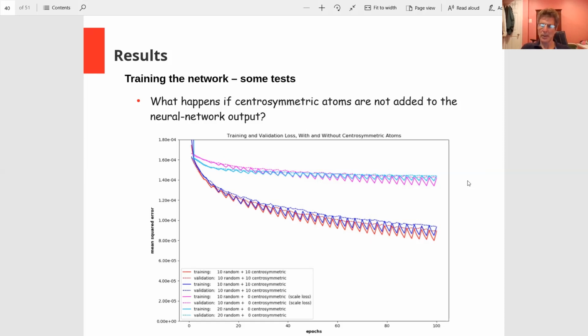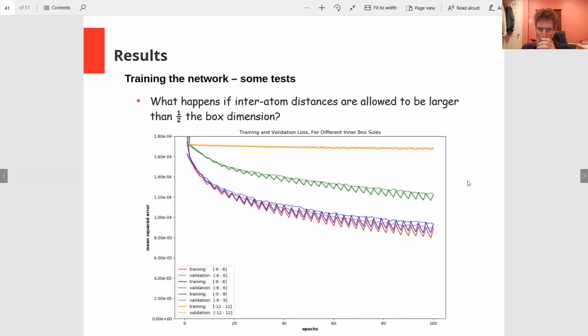All right, now here's the second test that I did. This is the one where I'm considering a box inside of a box. What I did was I confined the 10 random atoms into a relatively small space inside of the overall output box. And so in this case, I'm relaxing that constraint.